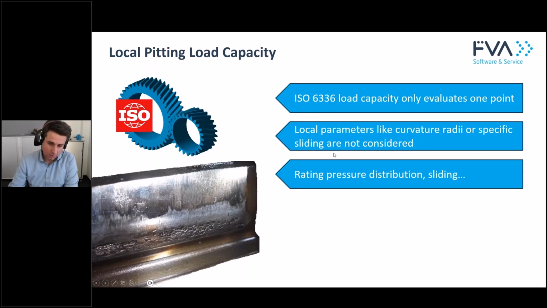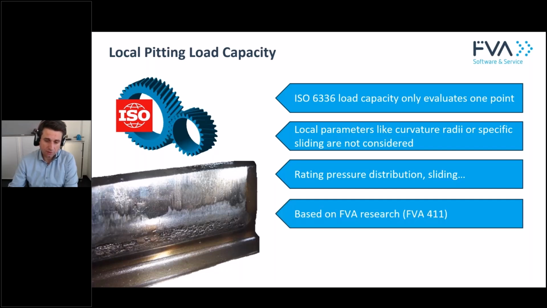And then there's also the question: how do you rate a pressure distribution or the sliding of a gear? And with this FVA-based method, you have a coherent methodology of rating your pressure distribution together with the sliding and all the other influencing factors that go into ISO 6336.